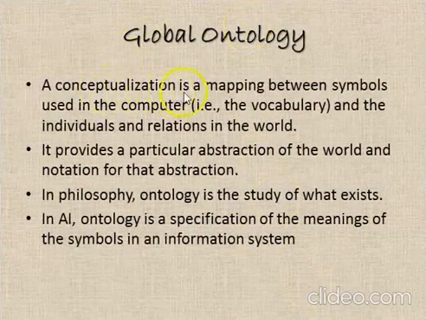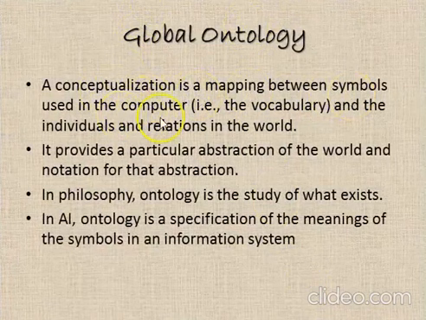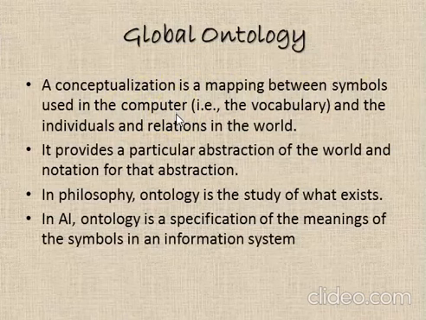A conceptualization is a mapping between concepts and symbols used in the computer. We can have some concepts and map these concepts into some symbols. And that is called the vocabulary of the ontology.